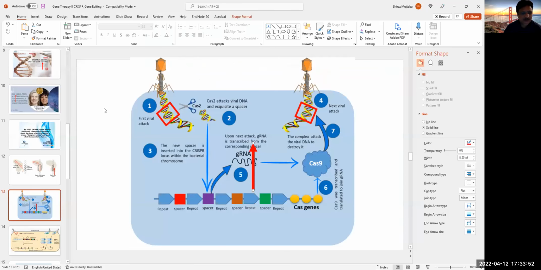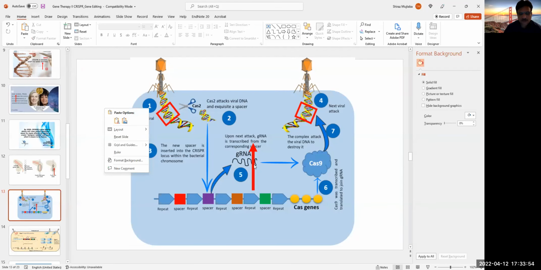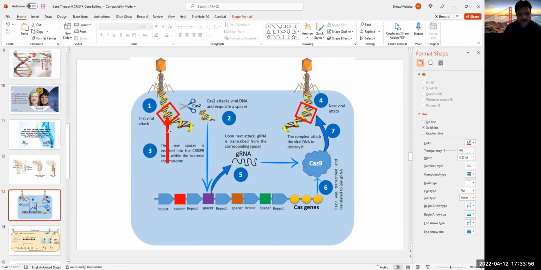So what happens here is that when a bacteriophage infects the bacteria, what is a bacteriophage? A bacteriophage is a bacteria-specific virus. So when a new bacteriophage infects the bacteria, there is a protein enzyme, Cas2.